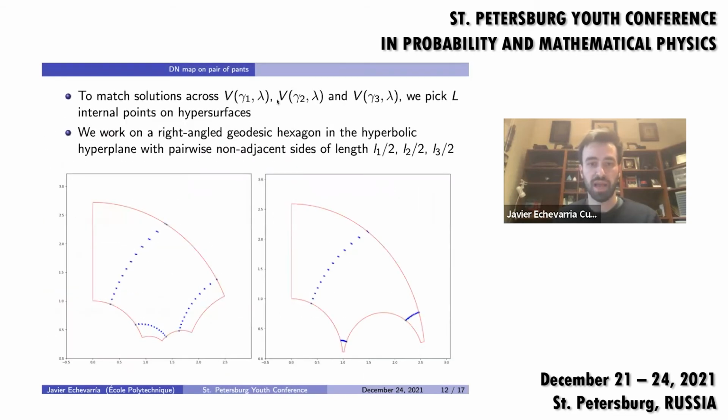And so once we have these solutions, which I call V gamma 1, gamma 2, gamma 3, for each boundary of the pair of pants, the point is that we have 3 independent solutions which might not really be solutions on the entire pair of pants. They're just solutions around that boundary. And so what we do is we pick internal points on the hypersurface where we'll match the solutions. And so as I was saying all the way at the beginning, they're analytic.